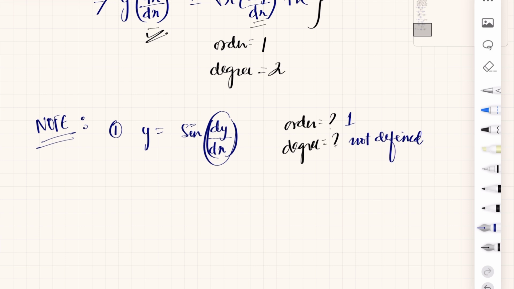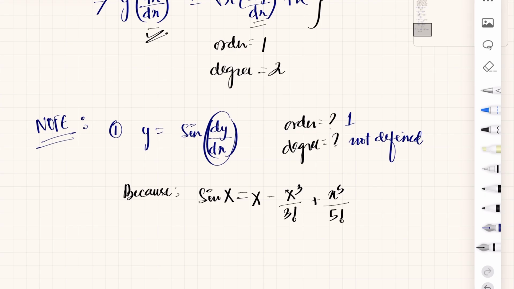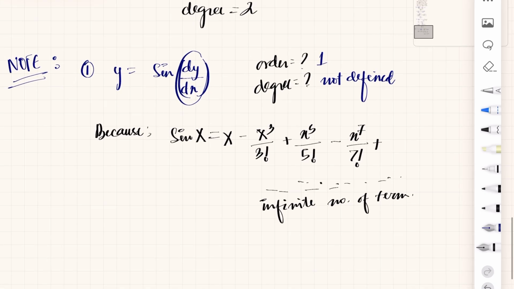Why? I'll tell you the reason why it's not defined. Because if I put sine x, capital X, it can be expressed in this way: x minus x cubed over 3 factorial, plus x to the power 5 over 5 factorial, minus x to the power 7 over 7 factorial, plus it goes on. This function has an infinite number of terms. It is not a finite form, it is an infinite form.